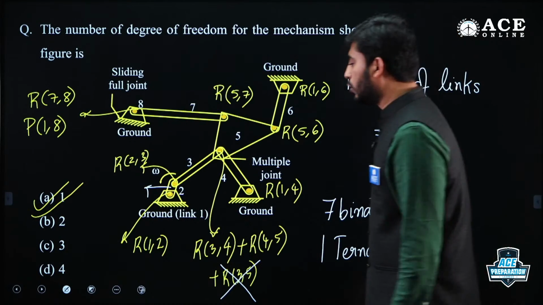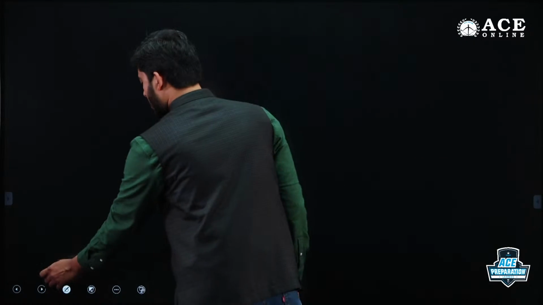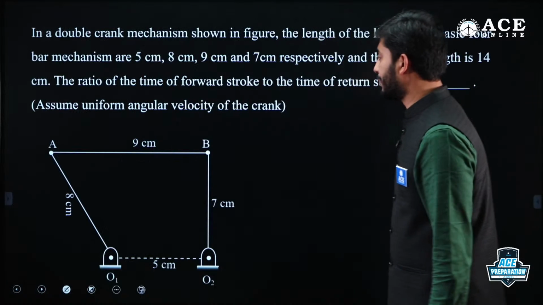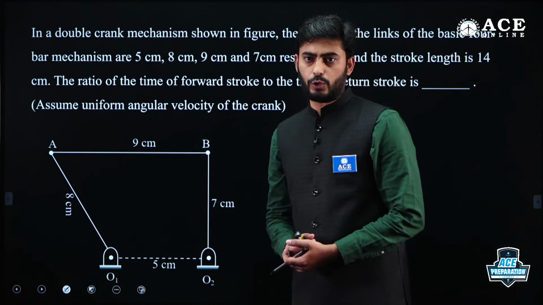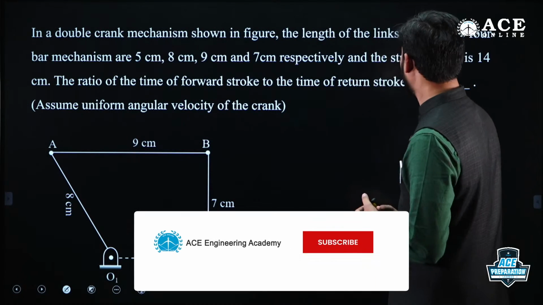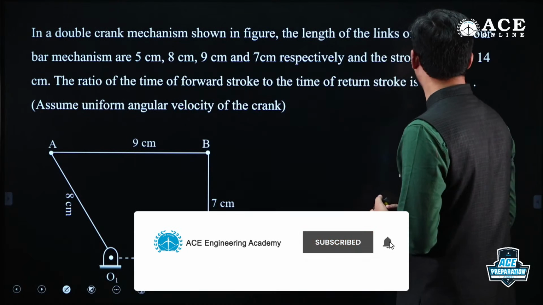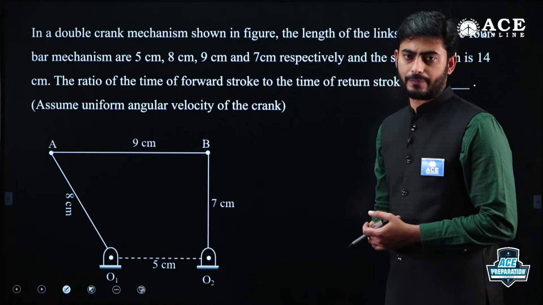Now moving to the next question. In this question, a double crank mechanism is given to you. For this mechanism, you are required to determine the ratio of time of forward stroke to return stroke.